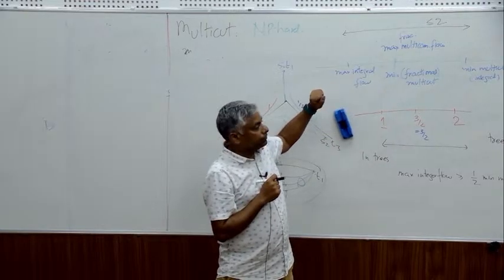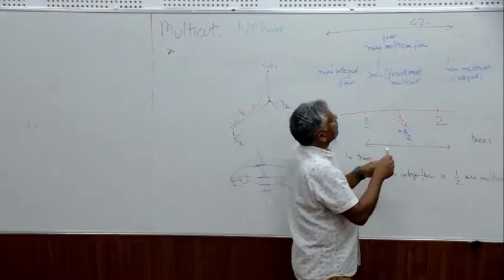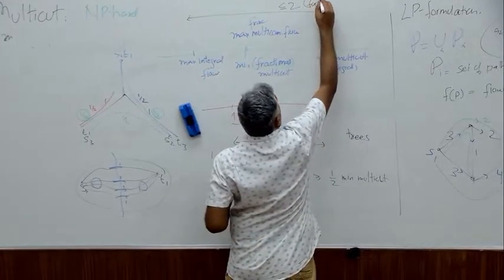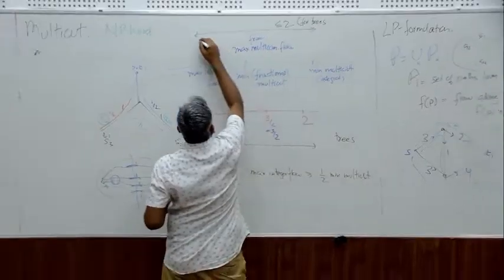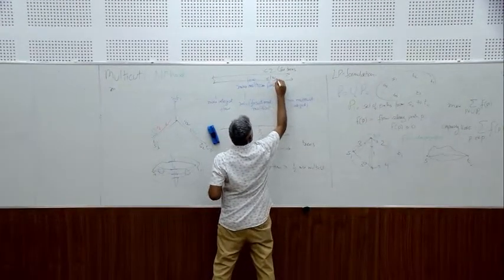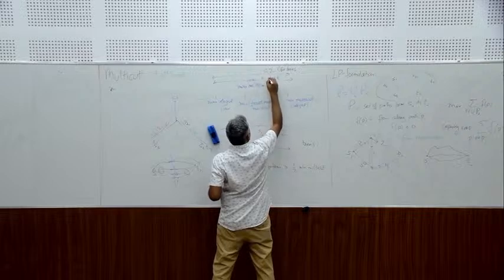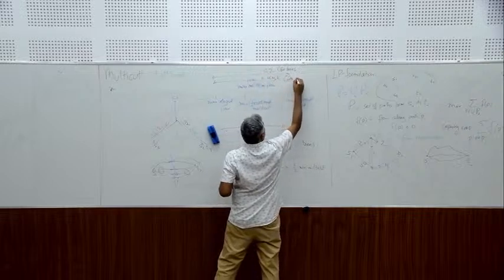So this is for trees. And for general graphs, this is log k. Let me put, it's 4 log k at most for general graphs.